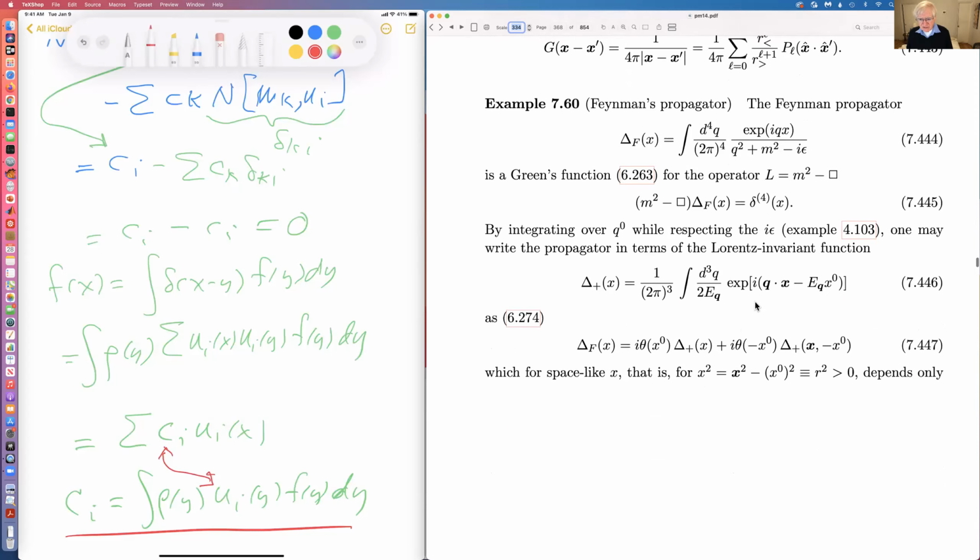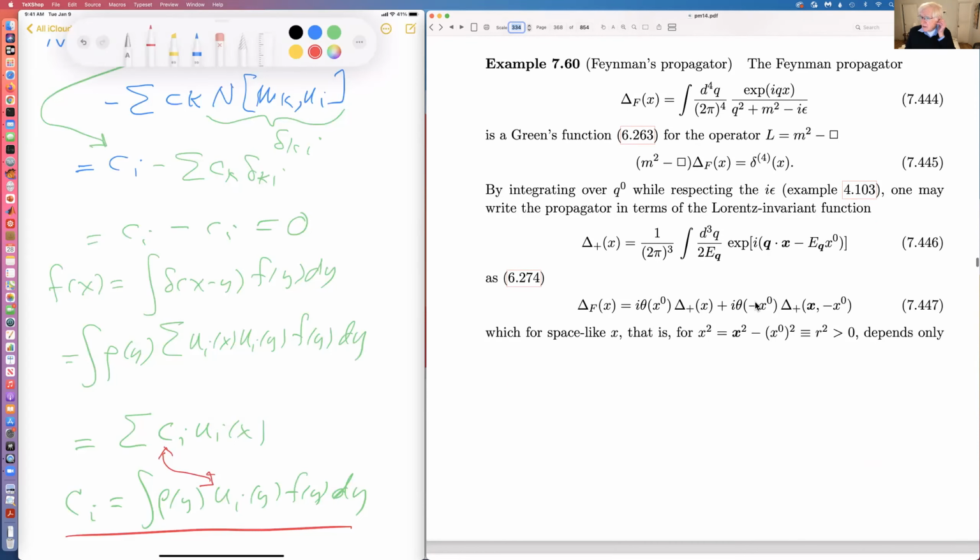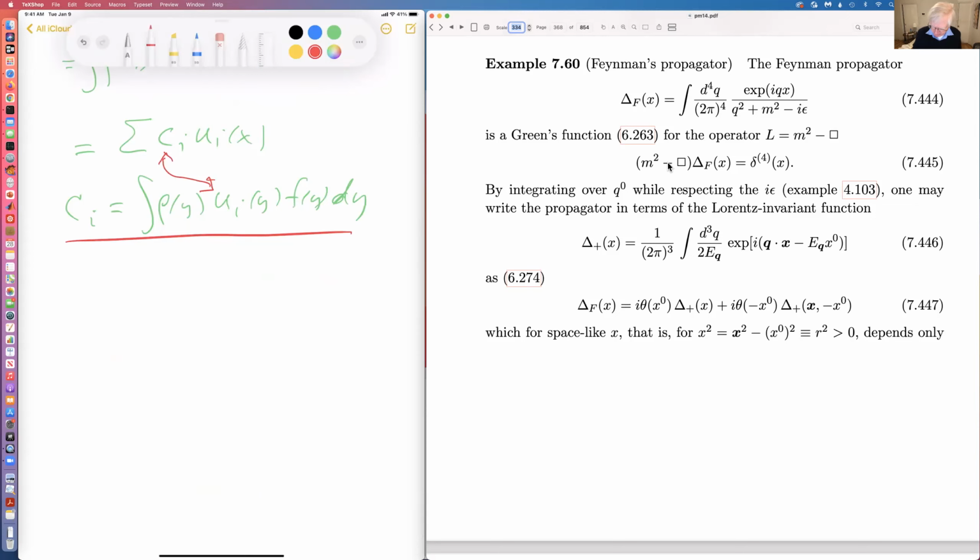There's also Feynman's propagator, an example of a Green's function, and it's a Green's function for m squared minus box. Let me say what box is. Box here is the Laplacian minus d0 squared.